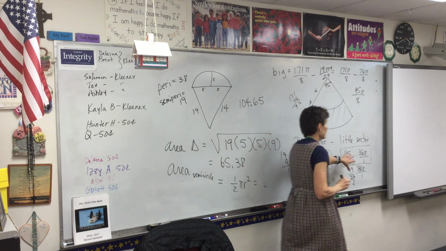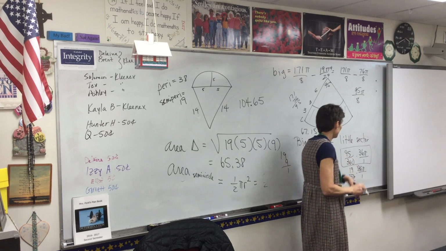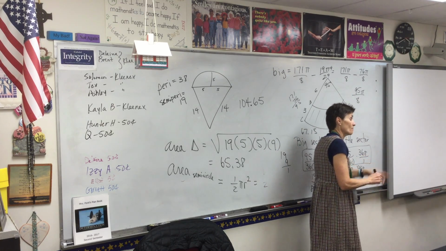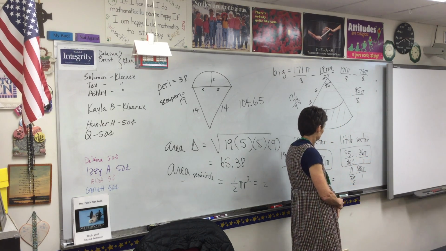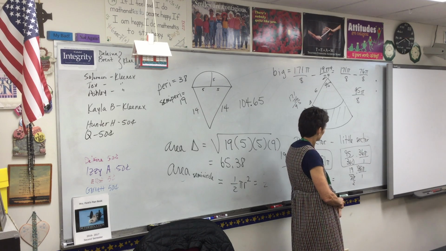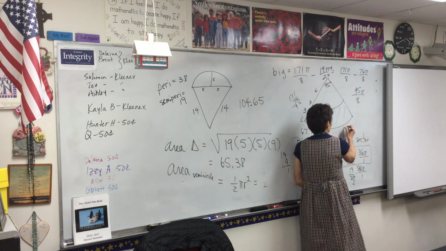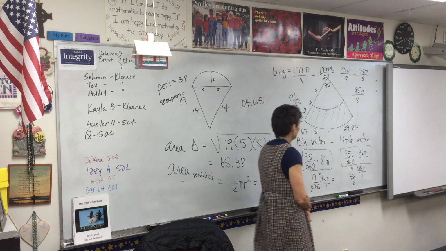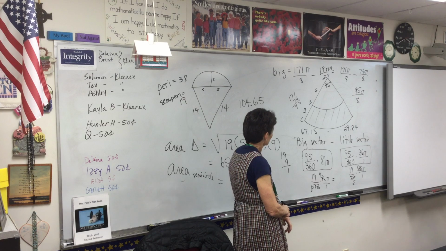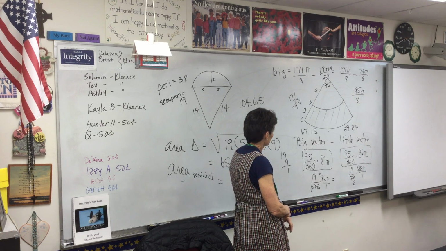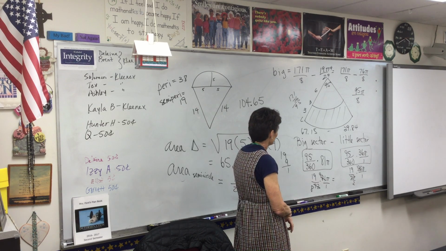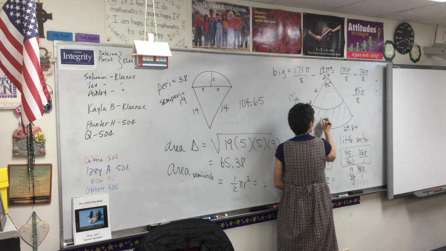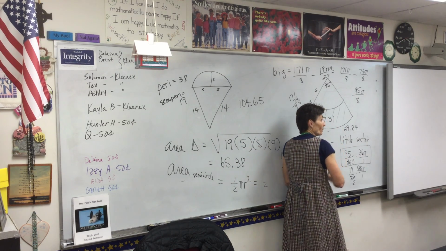Okay. Do the same thing here. 95 over 360 times 36 pi. Okay, then go ahead and subtract those, Maddie. 37.31.